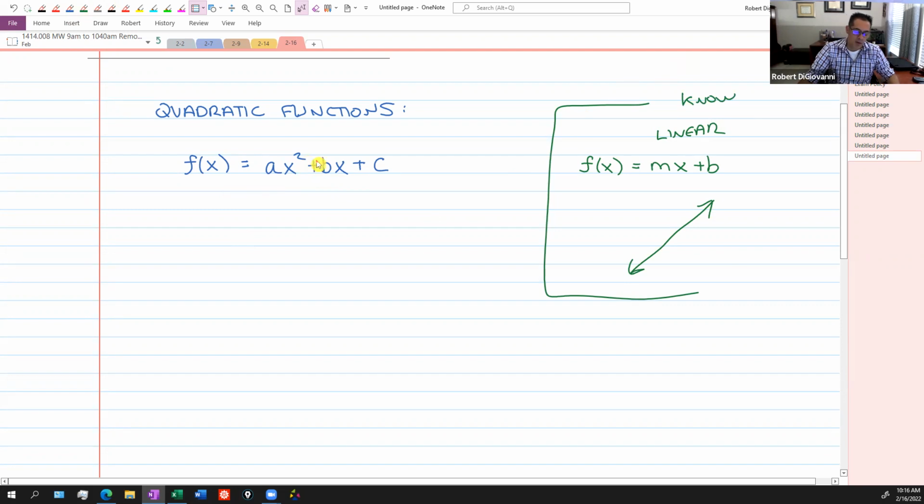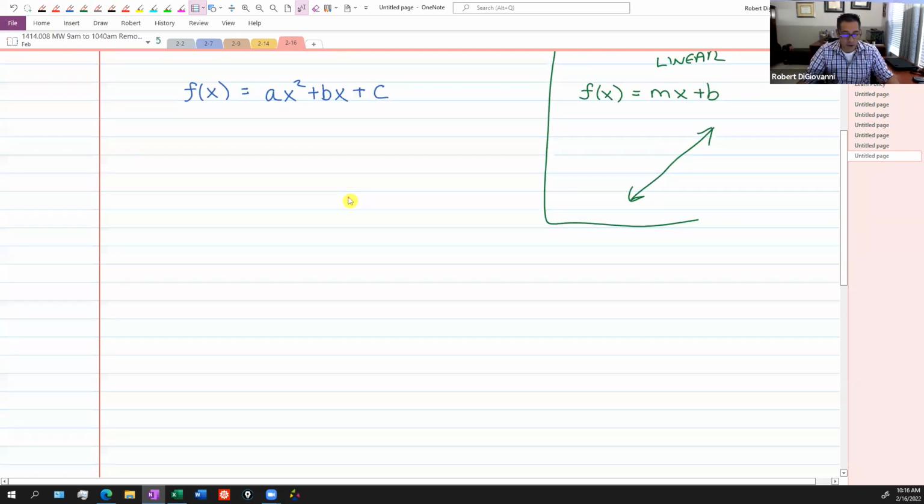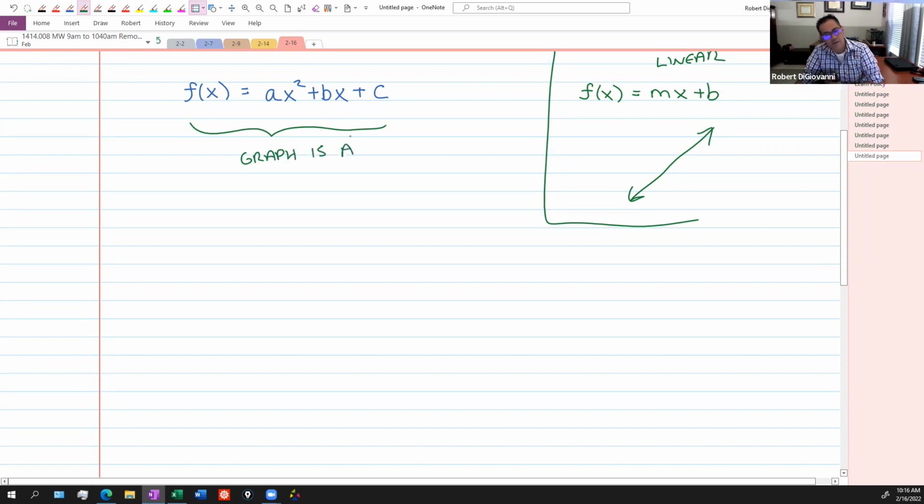But this quadratic function is going to look different, and we need to know what it looks like, and we need to be able to graph these. I'm sure that a lot of you know what these look like. What do we call the graph? A parabola, right? The graph is what we call a parabola.